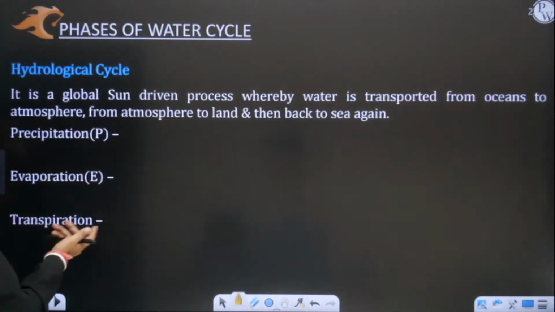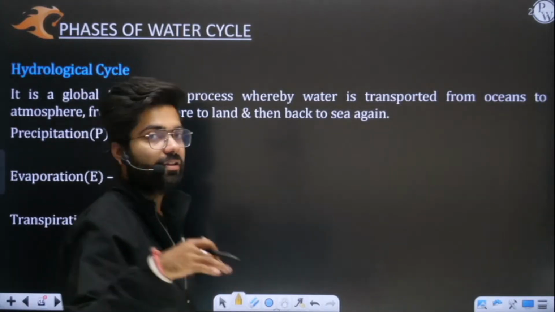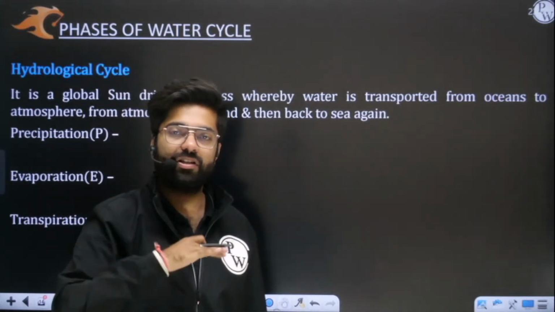Then we have precipitation. I have told you what precipitation is. Precipitation means simply the water which is getting deposited on your earth surface.